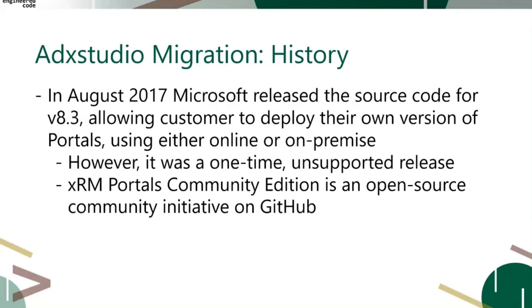However, the major caveat is that this is a one-time release. Microsoft does not support the code if you're installing it yourself. So it's a one-time unsupported release, and the direction was that it's kind of a last resort. You can use it if you have to, but Microsoft has provided no guarantees on this source code release.